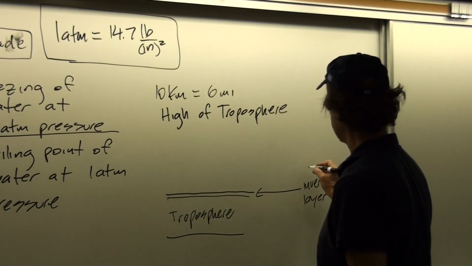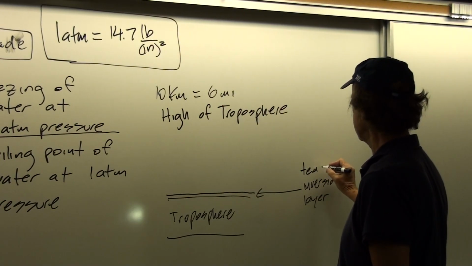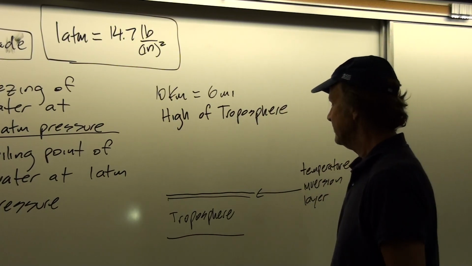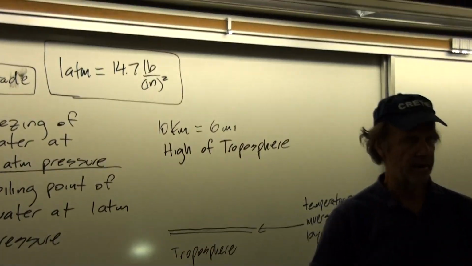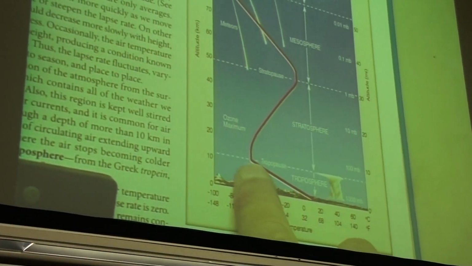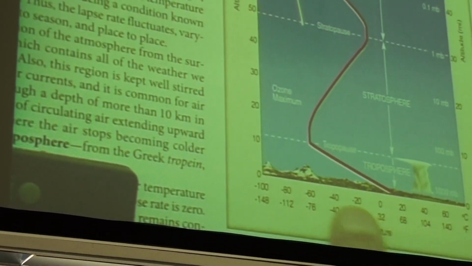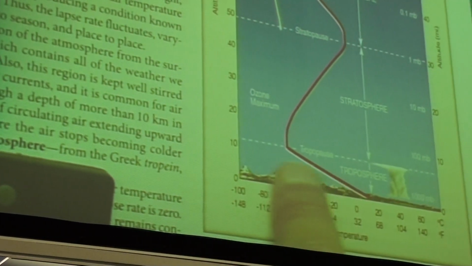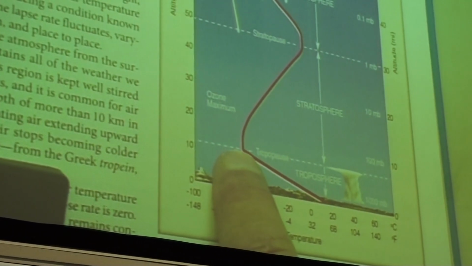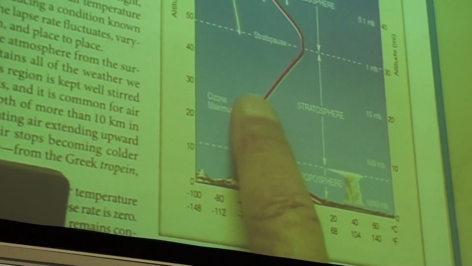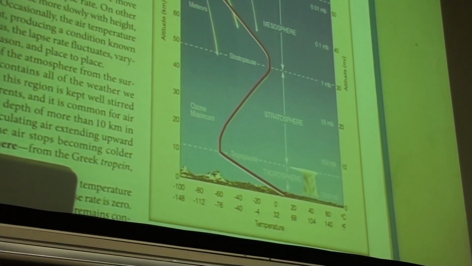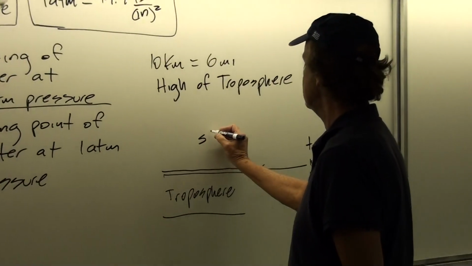Now, what this means is that the temperature is going to start to increase in the stratosphere. And so typically then, as we go up to higher and higher elevations in the troposphere, this is versus temperature we're looking at here, we get a fairly sharp drop off in the temperature. So it gets colder and colder the higher we get, until we get to the stratosphere, and then the temperature starts to increase. Okay, and so that's why we call this a temperature inversion layer leading to the stratosphere.